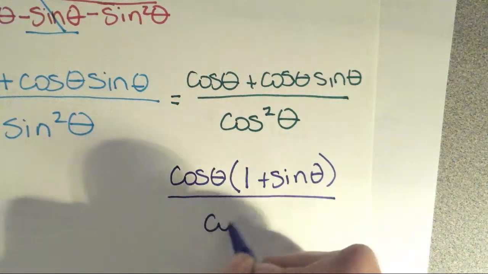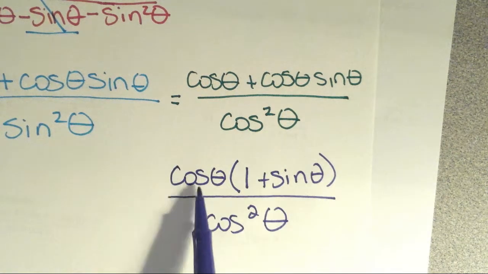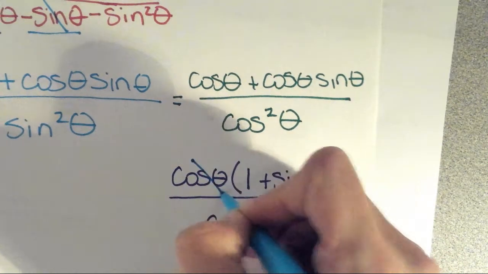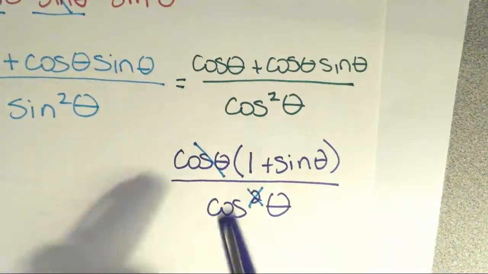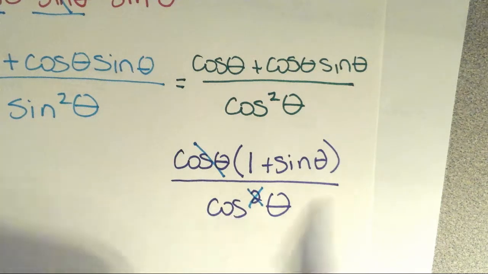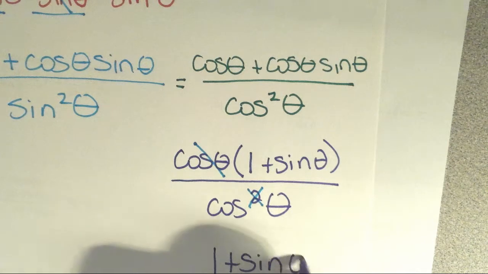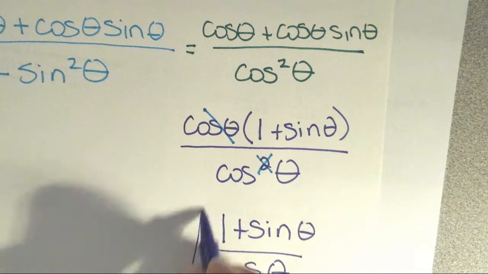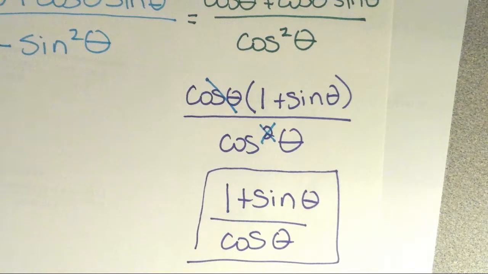All over cosine squared theta. By factoring this cosine out, I can now cross cancel. I've got a cosine to the first and a cosine squared. So this and this cosine reduce, and all I have left on top is 1 plus sine theta over cosine theta. And that's our final answer.